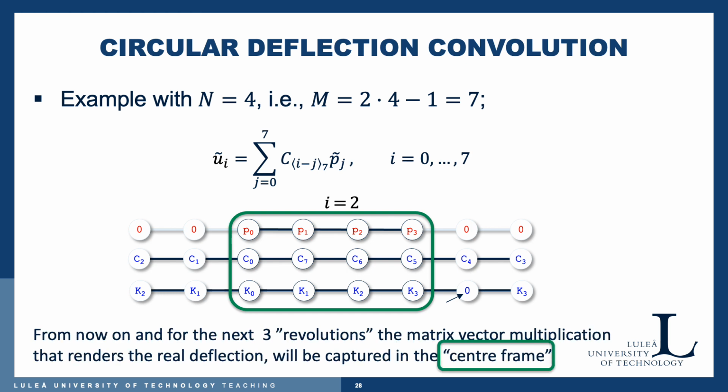And if we continue to circulate these vectors in the same manner, the next 3 revolutions in this matrix vector type multiplication will be captured in this center frame, and it will render precisely that matrix vector multiplication.